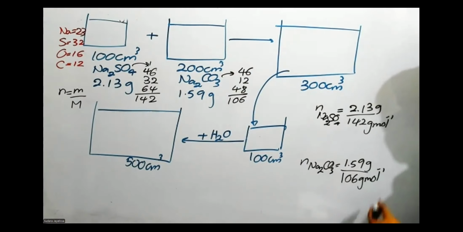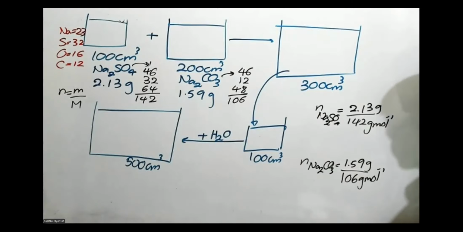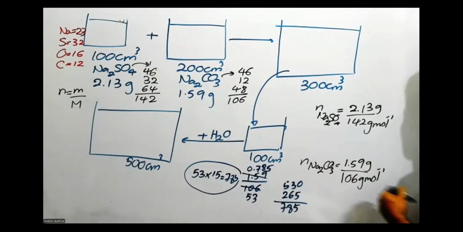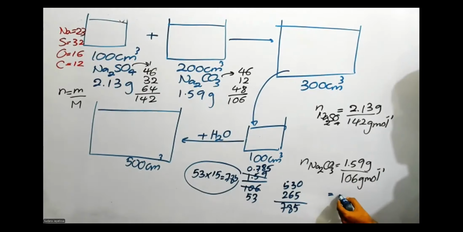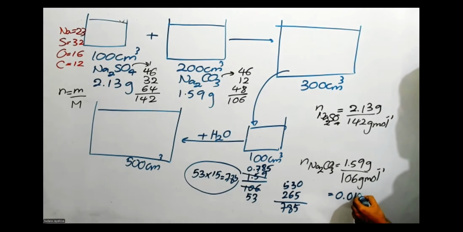So you can see now it's not clearly seen as divisible because it's not a multiple of 2 or something. But if you think carefully, you can establish some relationship. The number of moles of sodium carbonate is 0.015 moles.